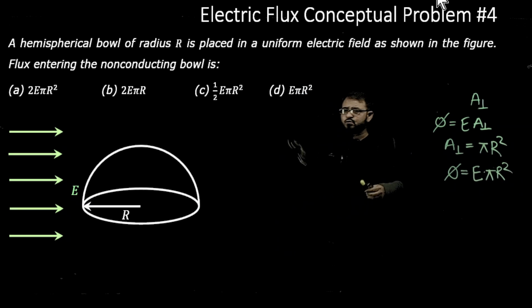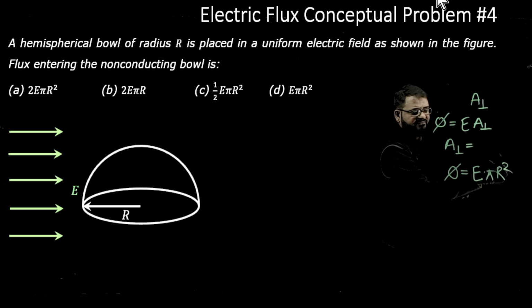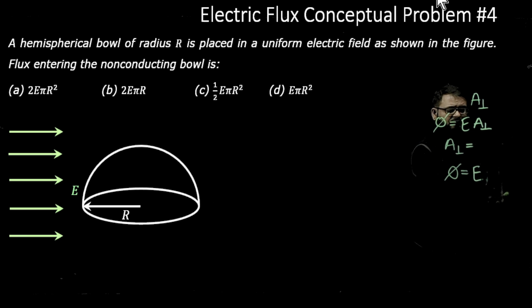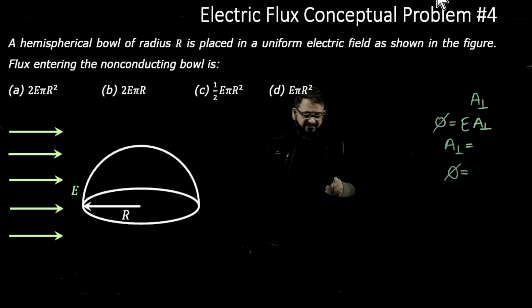Now let's see this one. This is the same concept, and here I really want you to understand what is the flux. The flux through this kind of hemispherical bowl is the product of the electric field times the area that is perpendicular to the uniform electric field.